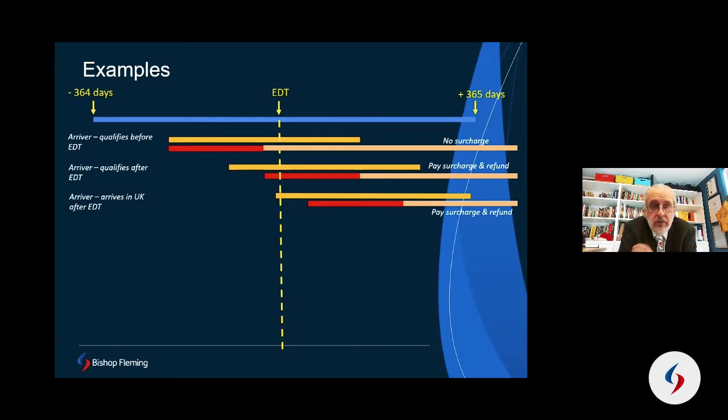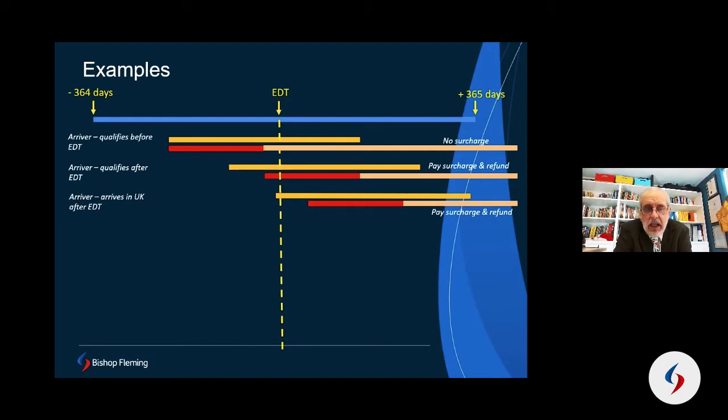The second one down, very similar. He arrives before the effective date of transaction, but he qualifies afterwards. He's not been here for 6 months at the effective date, so he has to pay the surcharge, and he gets a refund. Again, he's probably not tax resident at that point, but he earns it afterwards. And it all makes sense. He's coming here, he's going to be UK resident.